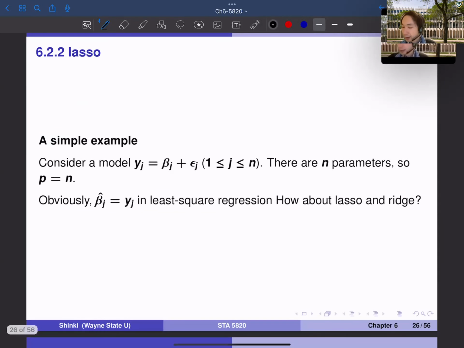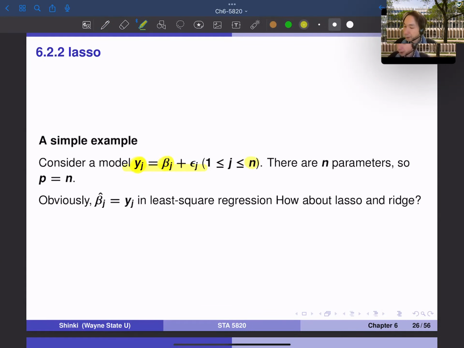Yeah, and this is one example of lasso estimation, to see the characteristics of the lasso estimate and ridge estimate. So consider a simple model: Yj is equal to beta j plus epsilon j. So there are n parameters, and suppose that we have n observations, so that we have the same number of parameters as sample size.